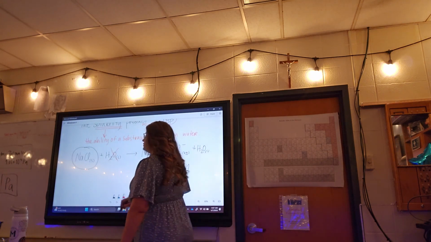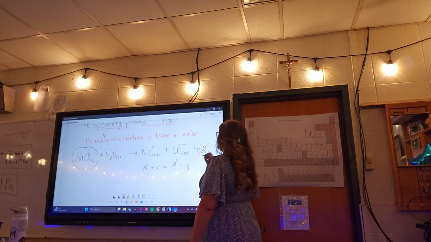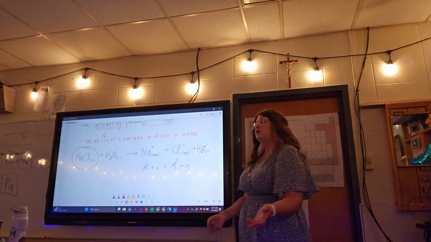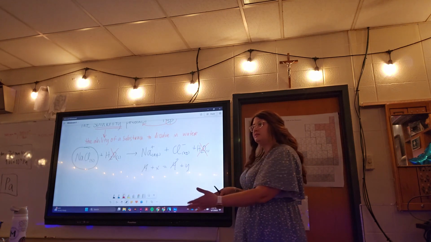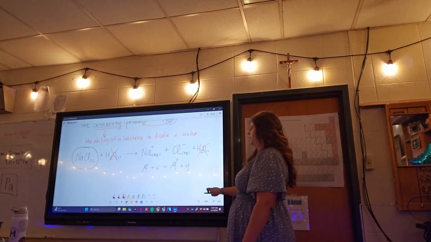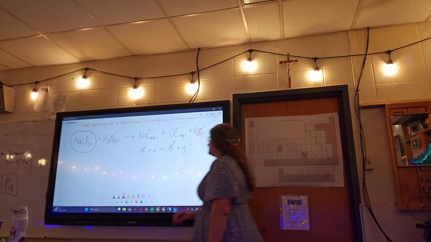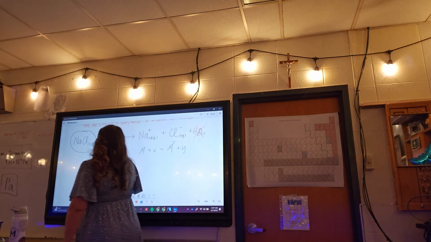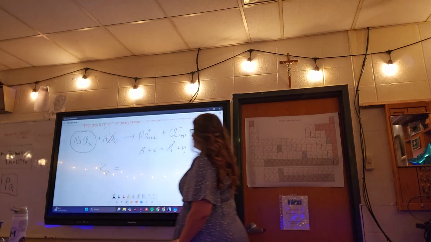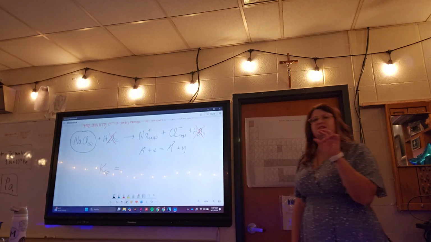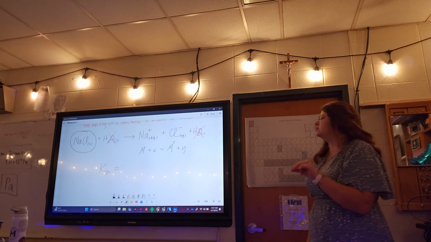So I wrote the H2O in here to show you that we're dissolving it in water, but because the water is the same on both sides of the equation, we don't ever have to write it again. All right, so now let's write our K, our equilibrium constant for this equation. Now it's called KSP because it's referring to this specific type of chemical equation.